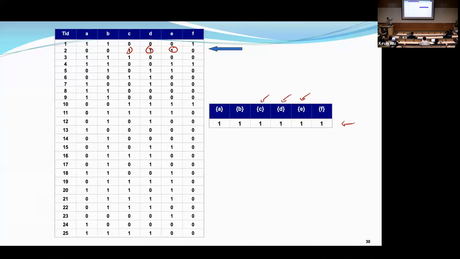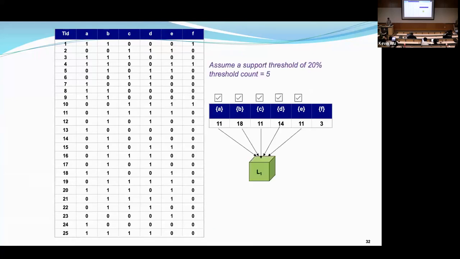Now, after you process all the 25 transactions and count the support, you will get these resulting support counts. Suppose we have a support threshold equal to 20%. Then 25 transactions multiplied by 20% means 5 counts.